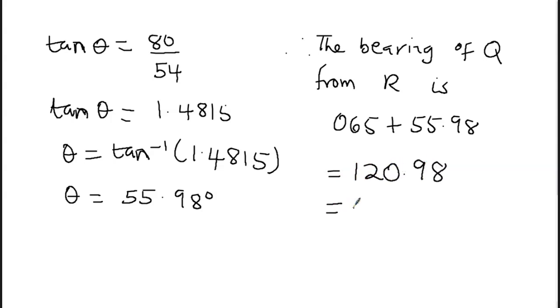We have been asked to correct to one decimal place. So after the decimal place, you check the first number, which is 9, and then the number after it. Adding 1 to 9, 9 will be 10. Then you carry the 1 forward, making 121.0.